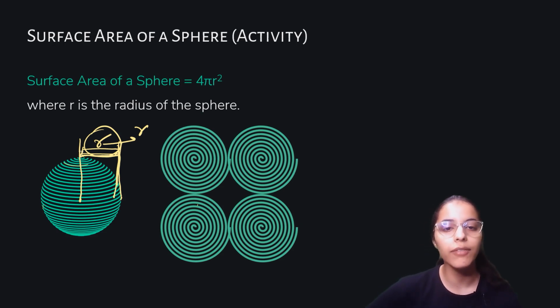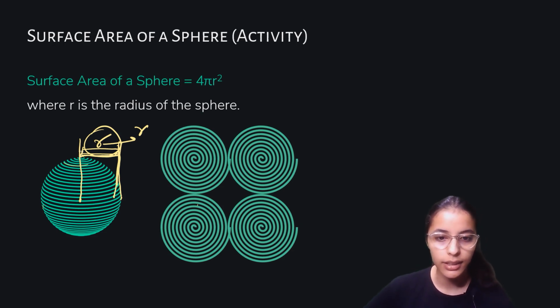We'll cut it and then move on to another circle, then the next circle, then the next. What we'll see at the end is that all the string is used after exactly four circles, and all the circles are completely filled.